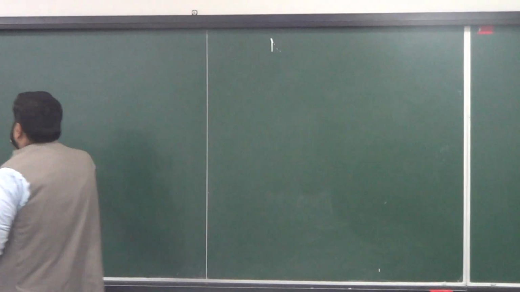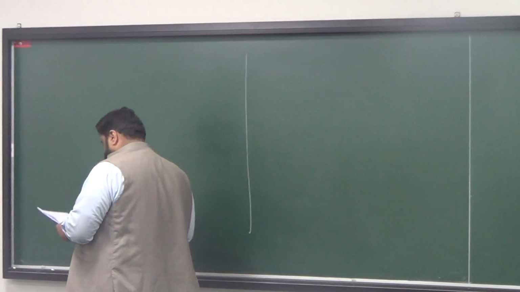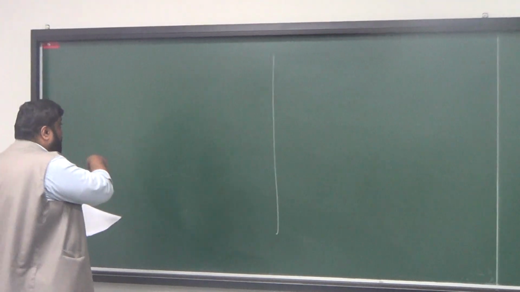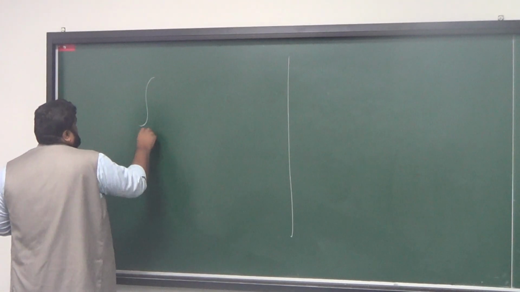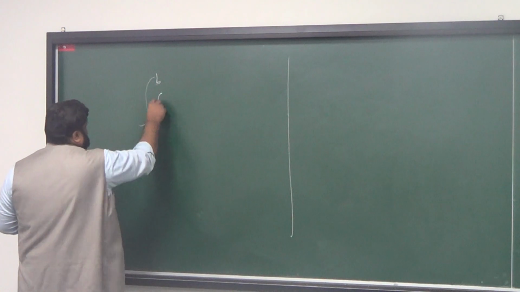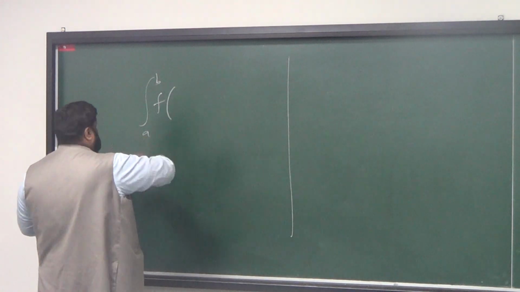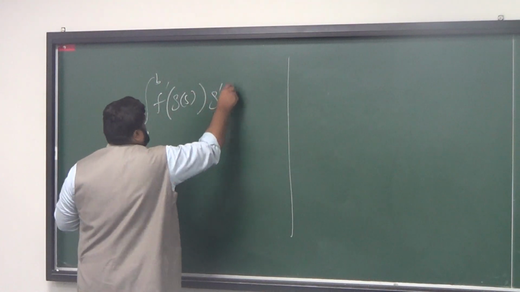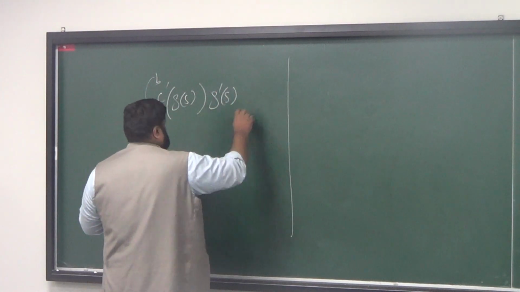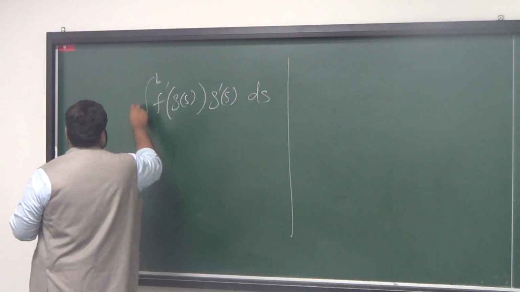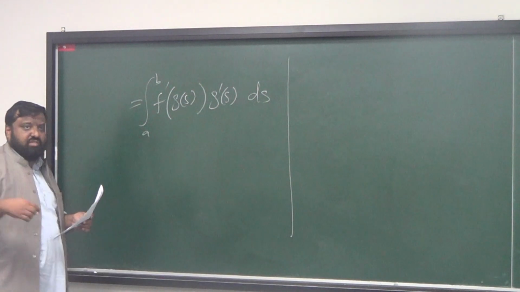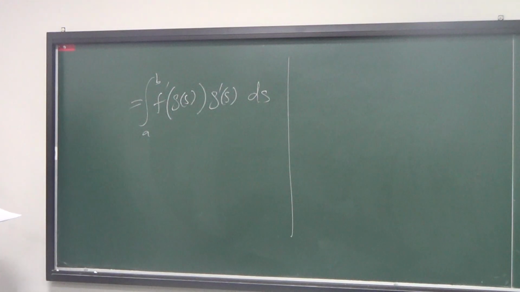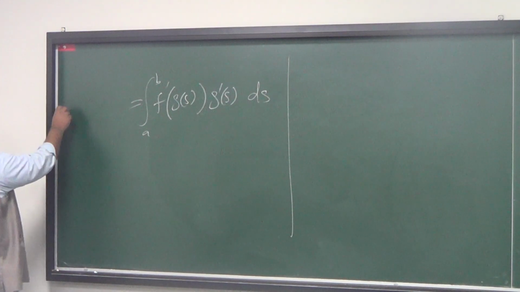In the Newtonian version of calculus, we know that if you want to integrate, for example, a function that looks like this, f prime of g of s and g prime of s ds, and f and g satisfy good assumptions, then what would be the outcome of it?